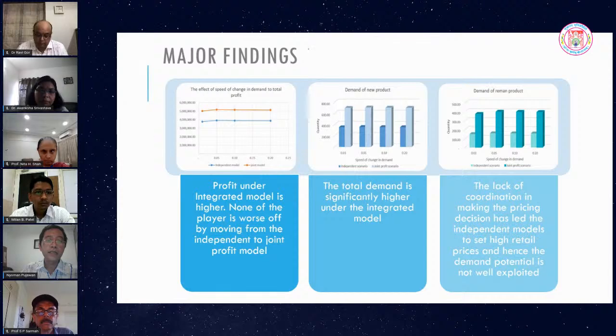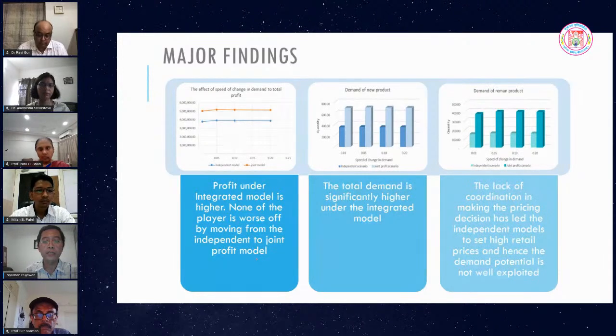But basically, the result from that model is that we were looking at different relationship scenarios, one assuming that each party is working separately, independently, and the other scenario where different parties are collaborating in finding the optimum pricing. One of the results, which is not surprising, is that the profit under the integrated model is higher, and none of the players is getting worse off by moving from the independent to the joint profit model.